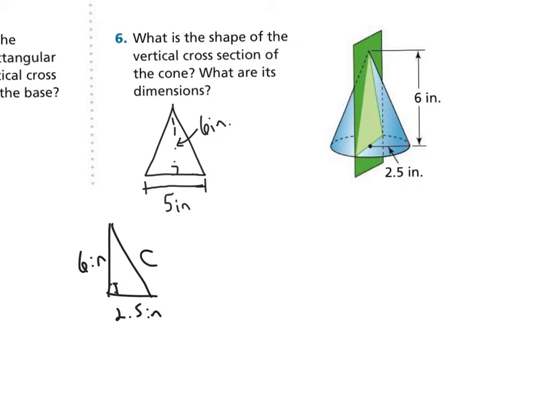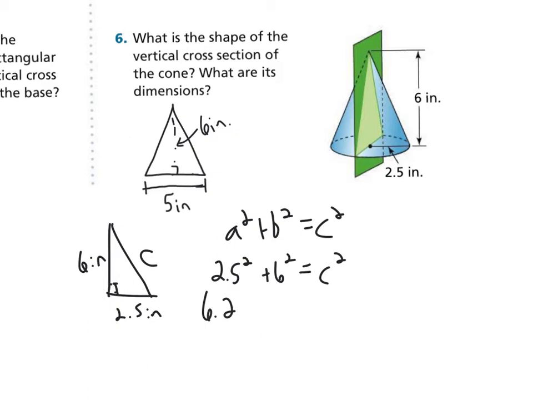So we could actually find what the other sides of this triangle are in this case. If we were interested in doing that, we could use the Pythagorean theorem. We're trying to find the hypotenuse.